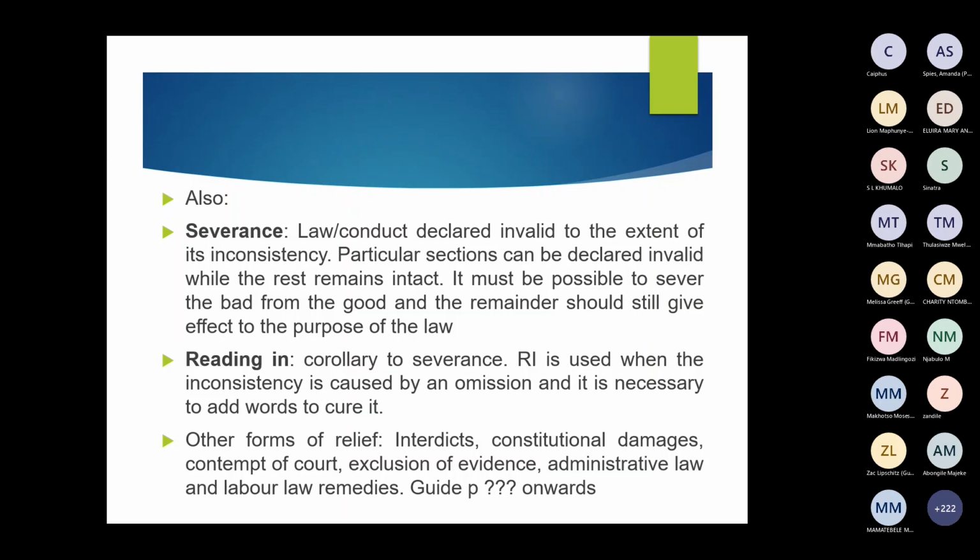Prof, I just want to check something with regard to legislation that has been invalidated by the Constitutional Court. Yes. And referred to Parliament, with Parliament being given a time frame of 2 years.